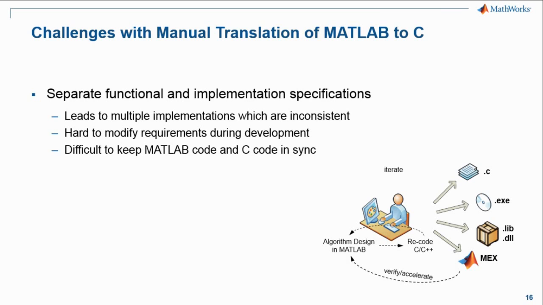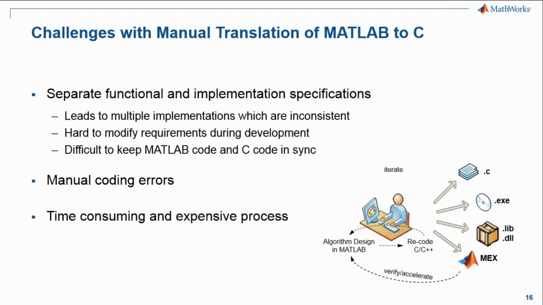So it makes it difficult to change things afterwards or to debug. It also means you have to have a separate test set so that you can test the MATLAB code and the C code to make sure that they're giving you the same thing. Because you're recoding it, there's a whole new opportunity for manual coding errors, and that's time-consuming and expensive. So we're going to use a product called MATLAB Coder right now to generate C code automatically.